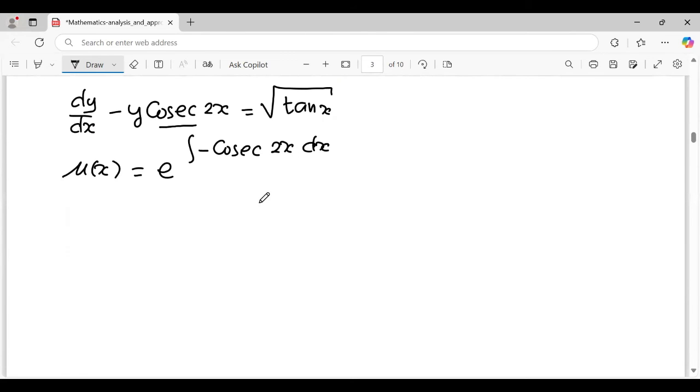Firstly, I will find the trigonometrical identity of cosecant 2x.